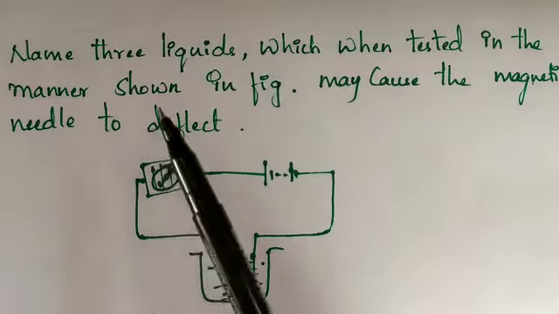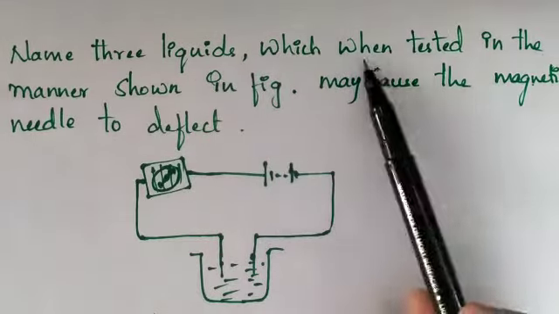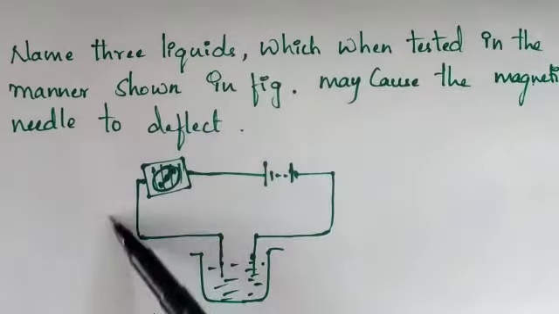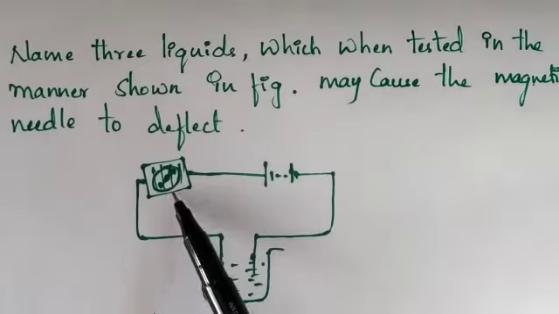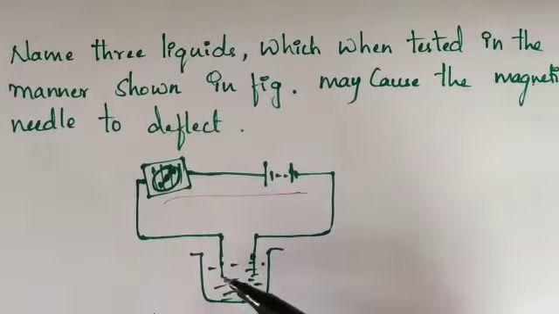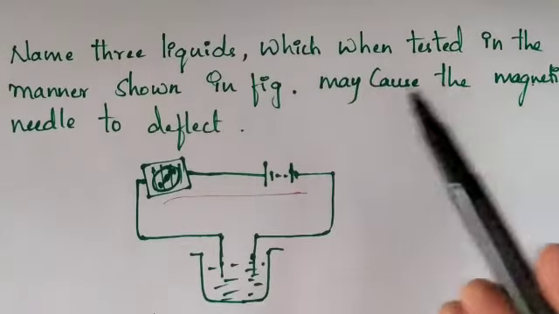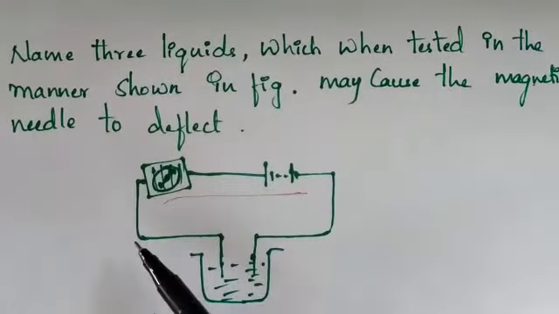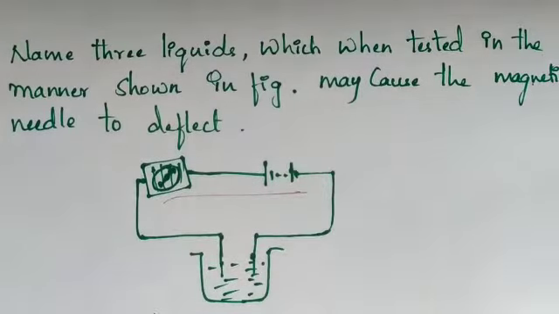Next question is: name three liquids which, when tested in this manner, may cause the magnetic needle to deflect. The tester is made with a magnetic needle and a battery, and a solution is given. That means tell any three liquids which will conduct electricity.